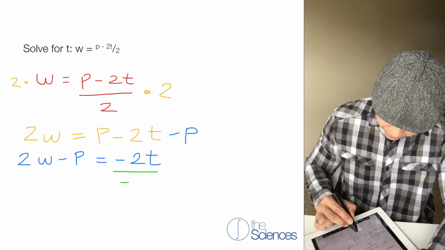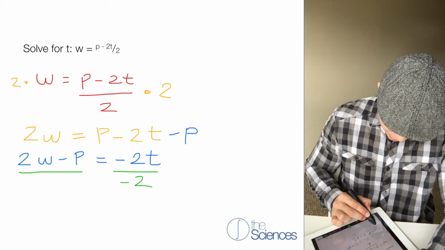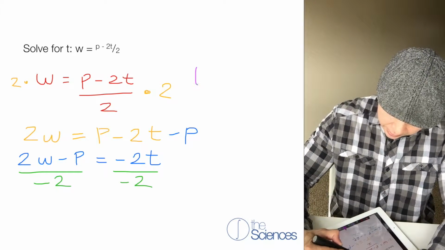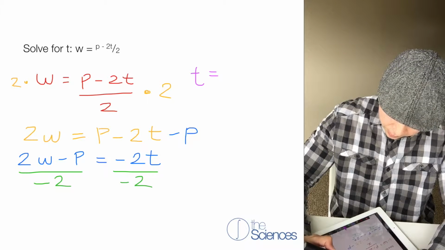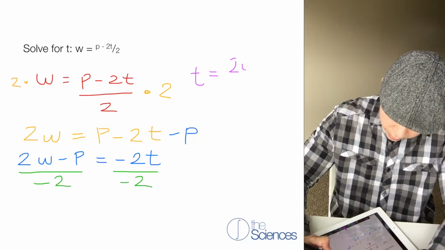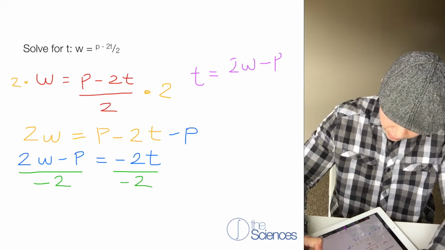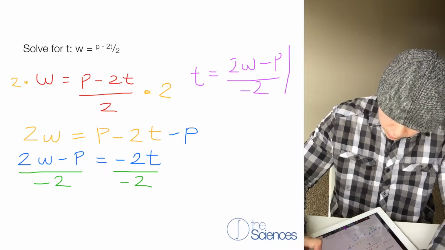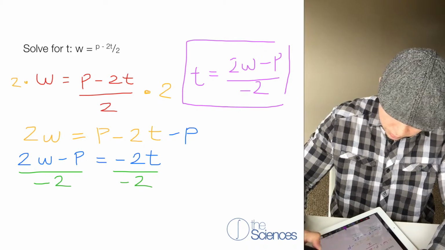So now we get t equals (2w minus p) divided by negative 2. So that's our formula.